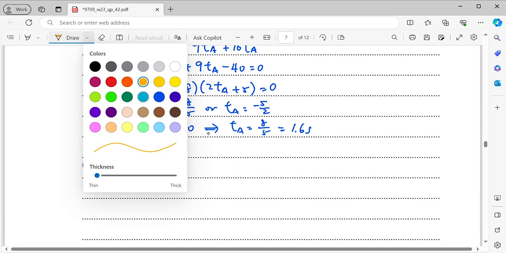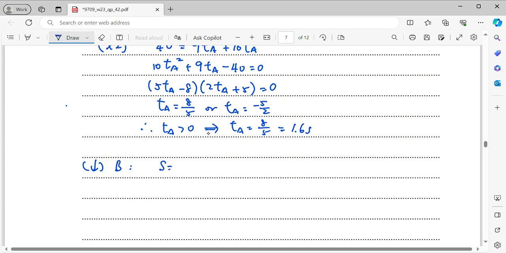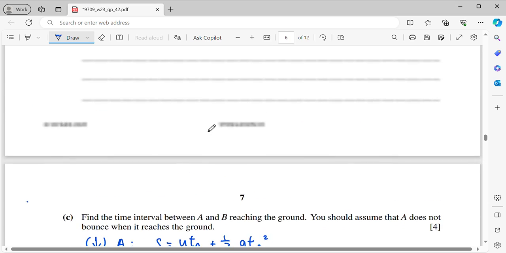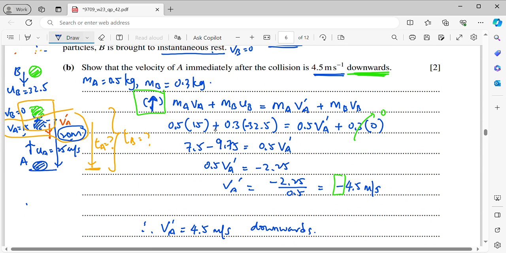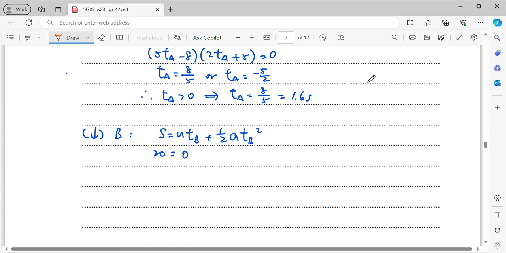So using the same formula, s equals u tB plus half a tB squared. So 20 equals u is 0 because we are considering this motion. This is your u for the B now, which is 0. Then t is tB, plus half, again the a is 10, then tB squared.